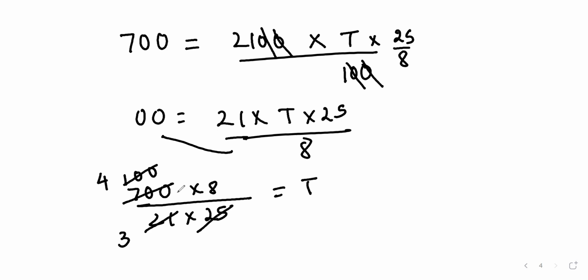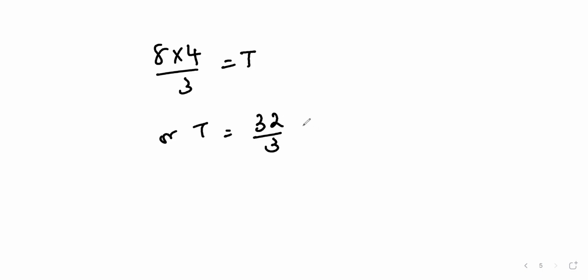P into T into R by 100. T is unknown, so it is 8 into 4 by 3, and there's nothing more I can cancel. 8 into 4 by 3 is the time. So our time is 8 4s are 32 by 3 years. It will always be in years.